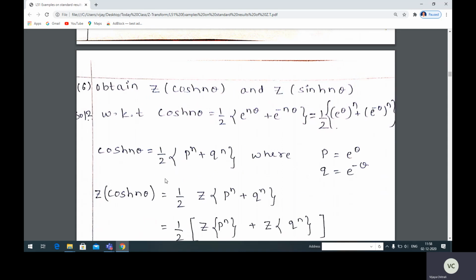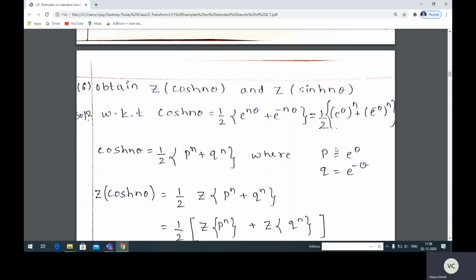Now the next example: obtain the Z transform of cos hyperbolic n theta and the Z transform of sin hyperbolic n theta. Here we have a property: we can convert the hyperbolic function into exponential.